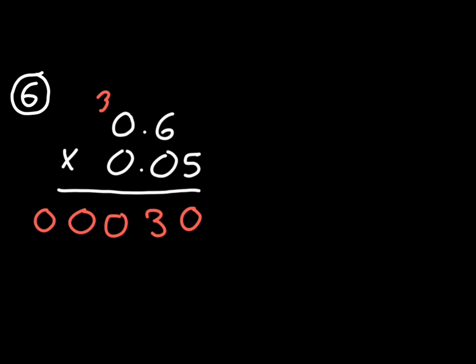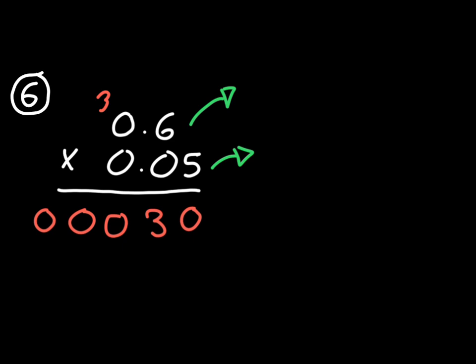We now need to figure out how many decimal places are going to be in our final answer. To figure this out, we need to figure out how many decimal places are in the first number that we're multiplying by and how many are in the second number that we're multiplying by. And then we add these two numbers together.